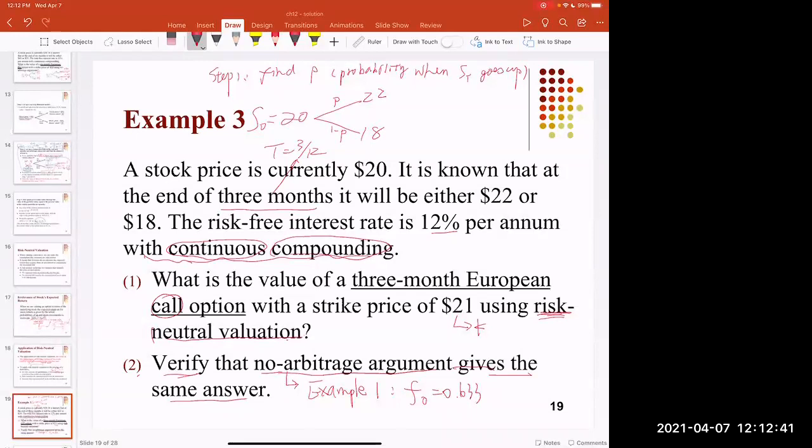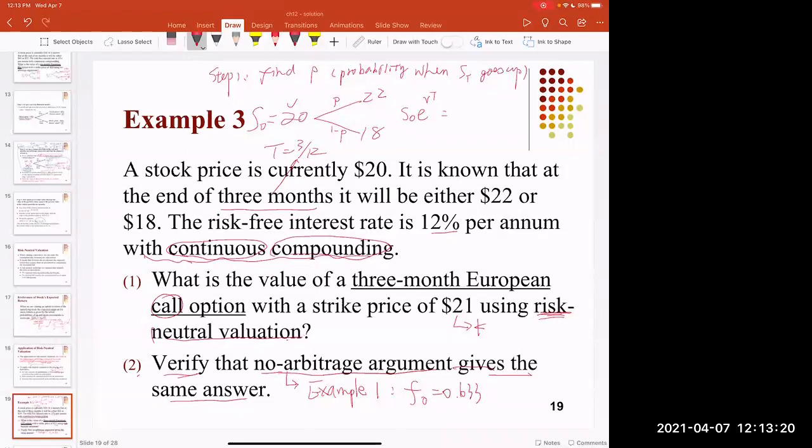To find that, we take the left-hand side and the right-hand side and make them equal. On the left-hand side, we start from the stock S0. Based on the stock price today, we calculate the expected stock price ST by continuous compounding for time T, right? That's the expected return based on the stock price today. On the right-hand side, we calculate the expected value for the stock based on the probability.